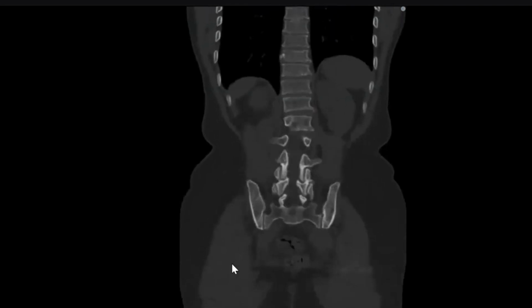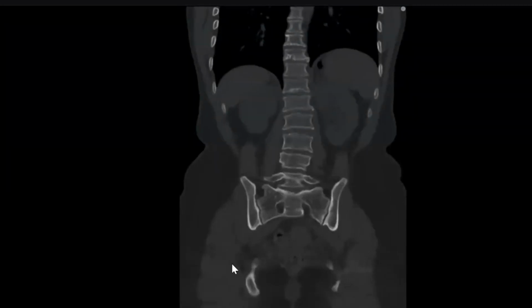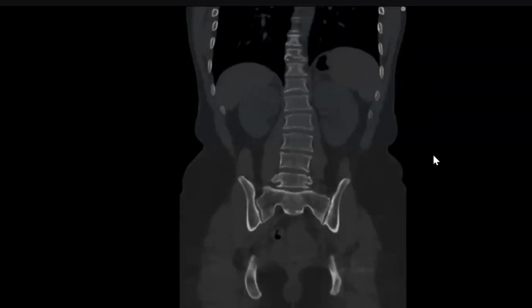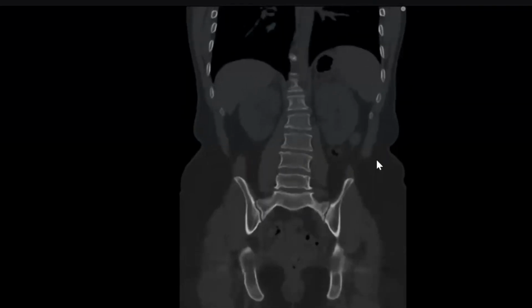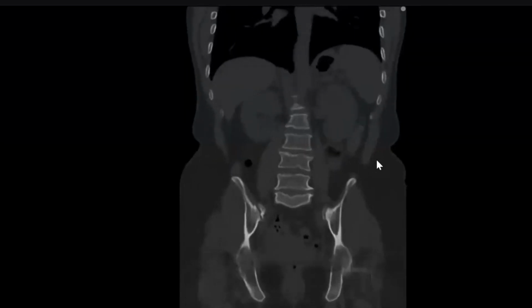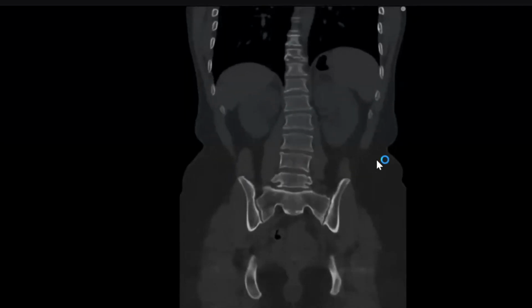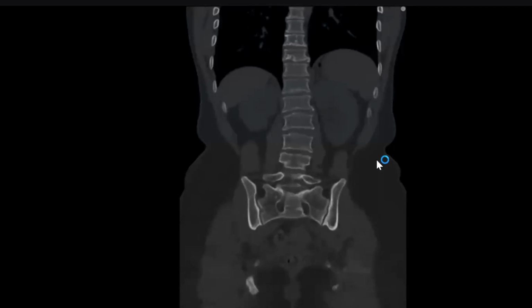Give me some differential diagnosis, please. So this can be a case of sickle cell with avascular necrosis. Okay, what else? But see here, are we talking about H-shaped vertebrae?